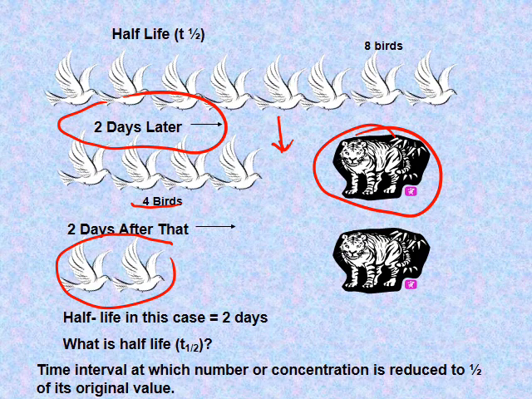So what is going on here? The half-life is 2 days. So it's the time interval when the number is decreased to 1/2 of its original value. Similarly, in a chemical reaction also, we define half-life as the time when the concentration is reduced to 1/2 of its original value.